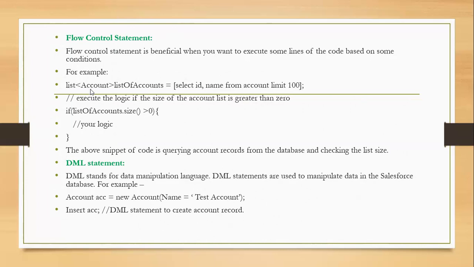For example, List<Account> listOfAccount = [SELECT Id, Name FROM Account LIMIT 100]; execute the logic if the size of the account list is greater than 0: if (listOfAccount.size() > 0) { you write the logic }. The above snippet of code queries account records from the database and checks the list size.